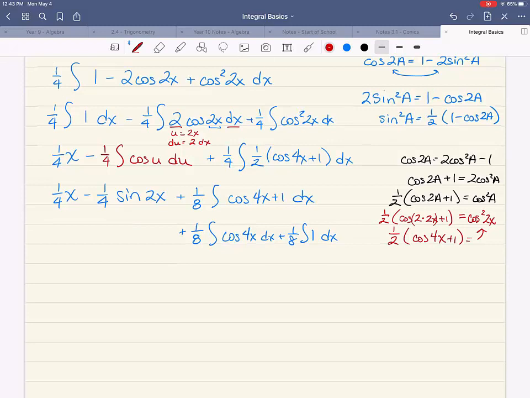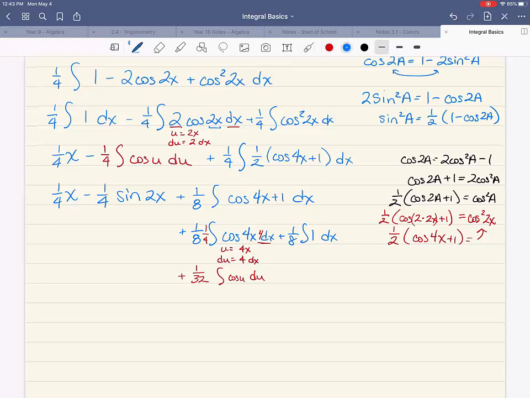The cosine of 4x needs a u substitution for the 4x. That's a 4 dx. So a 4 goes there, and a 1/4 goes outside. So this will be 1/32 integral. This is du, and the rest is cosine of u.